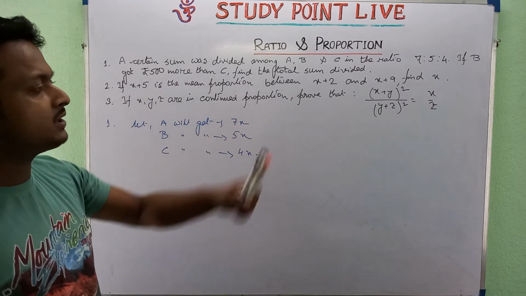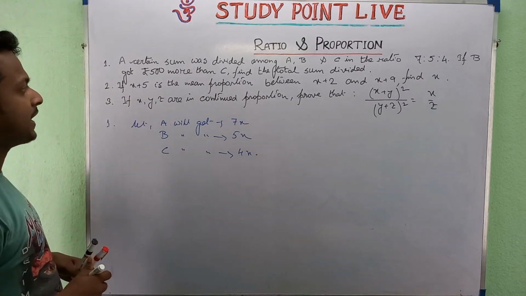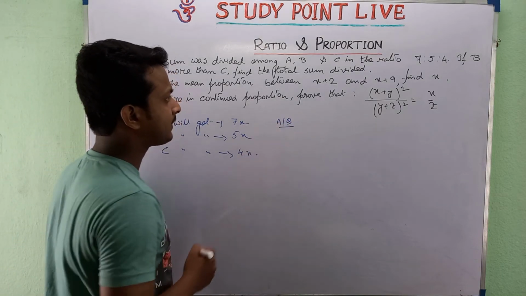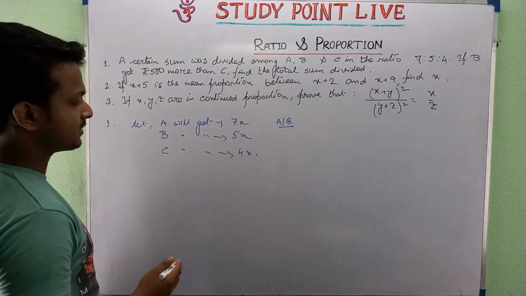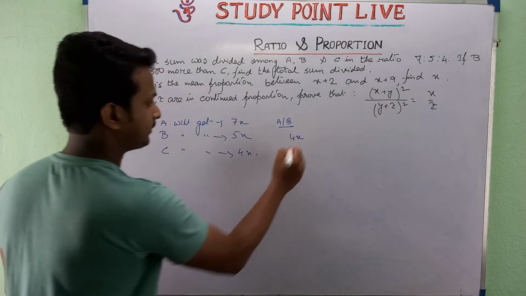Right. Now, the next statement is, if B got rupees 500 more than C. So, according to the question, B got rupees 500 more than C, and C gets rupees 4x.